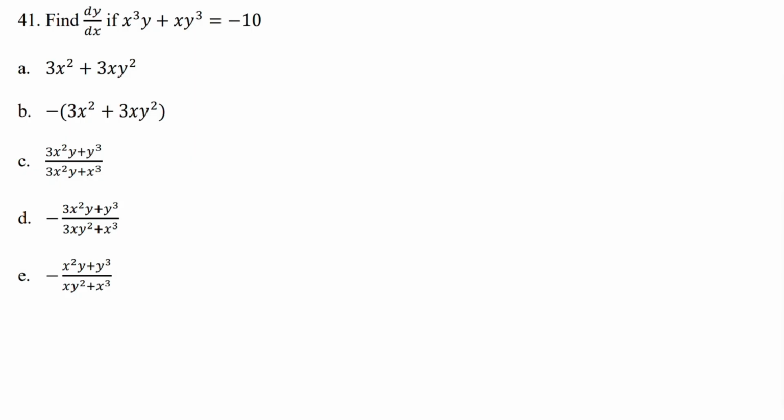For number 41, we're going to take the derivative of this implicitly. So the first part of it will be the x cubed y. We'll use the product rule, so that'll be x cubed times the derivative of y with respect to x, and then plus the derivative of x cubed, which is 3x squared, times y.